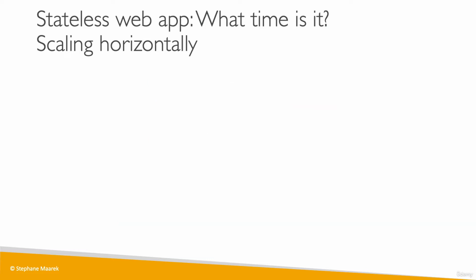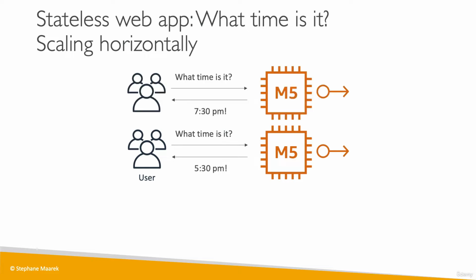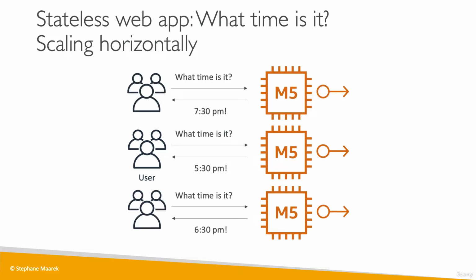So next, we're getting really popular, and it's time to scale horizontally. Remember, this application on an M5 has one public IP, an Elastic IP attached to it, and now we're getting tons of users, and they're all asking what time it is, so now we want to scale horizontally, so we start adding EC2 instances. They're all M5 large, and they all have an Elastic IP attached.